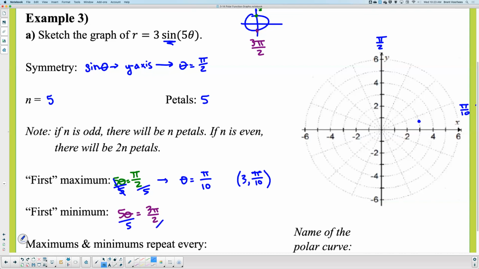Divide by 5, which is theta equals 3 pi divided by 10. Now remember, this is like 0.5 pi, this is 0.1 pi, so 0.2, 0.3 is somewhere in here. We're going to get the minimum, which is -3 comma 3 pi over 10.